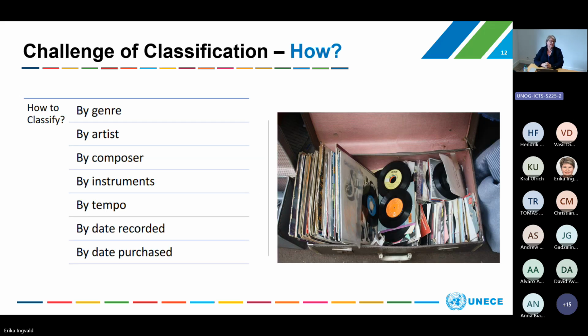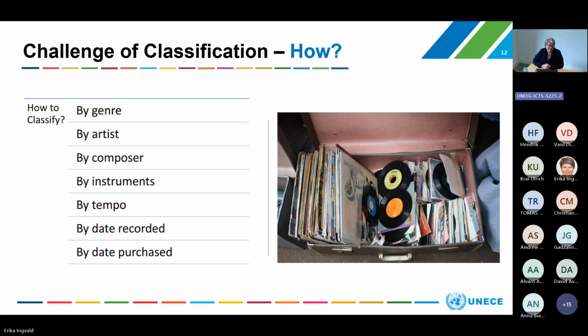And that's where UNFC comes in, of course, with the classification. This system is very straightforward, but of course there are challenges of classification, how to classify, what parameters do you want? We made this slide because I guess a lot of you have tried to organize your records back in the days when we had more of those.